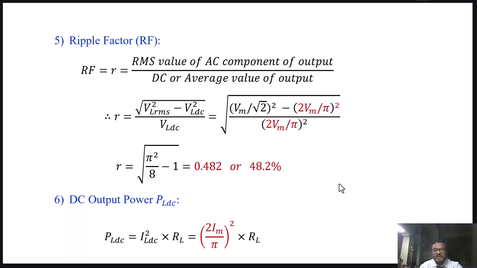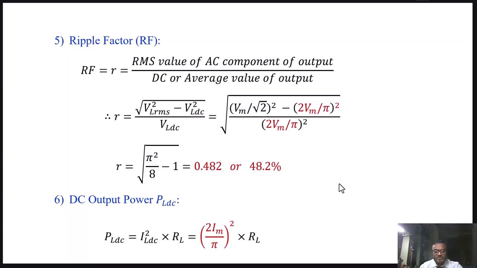Now let us estimate the efficiency of conversion of this rectifier. For that purpose, as we know, the definition of efficiency is eta equal to the ratio of output DC power and the supplied AC power.